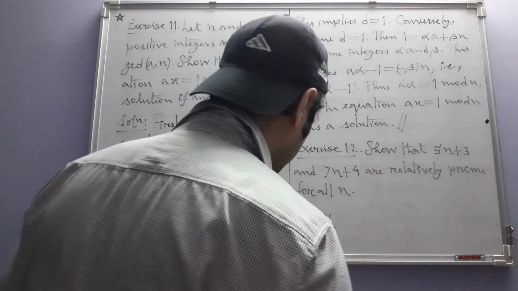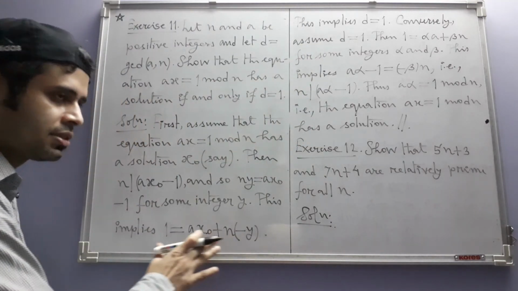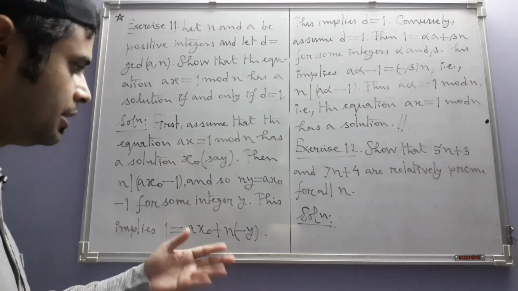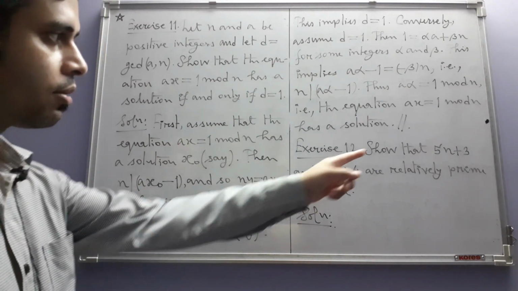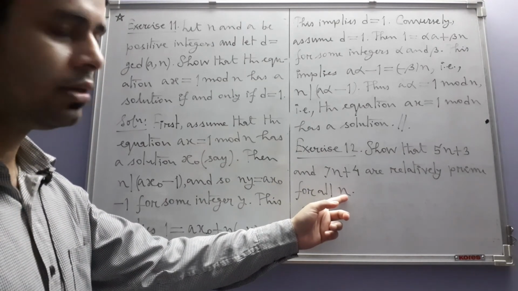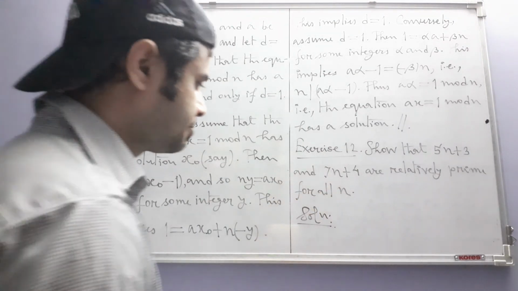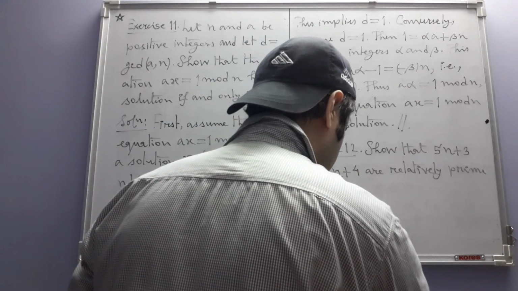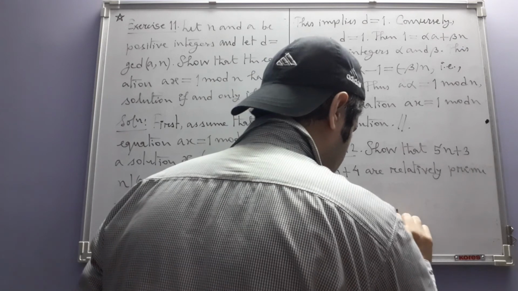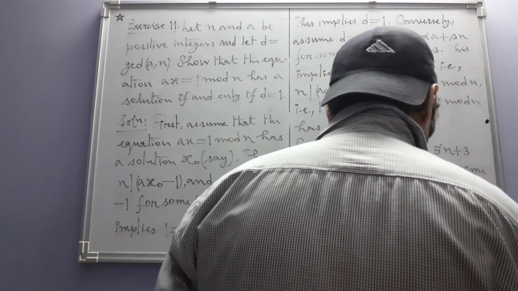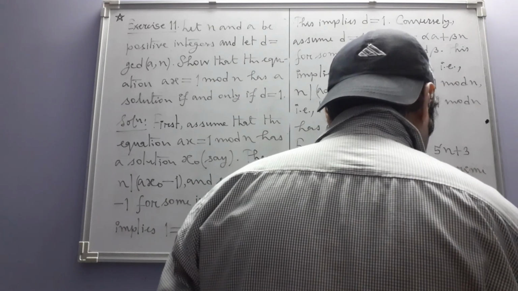So from the technique that we have seen quite a few number of times by now, we just have to show that an integer combination of these two things is equal to 1 irrespective of n. Note that, and if you think about it, you can easily get it.